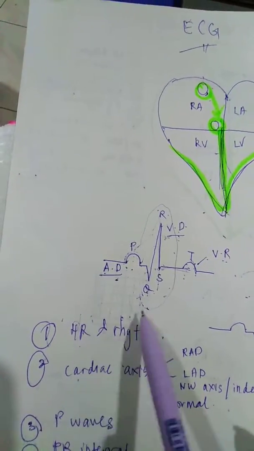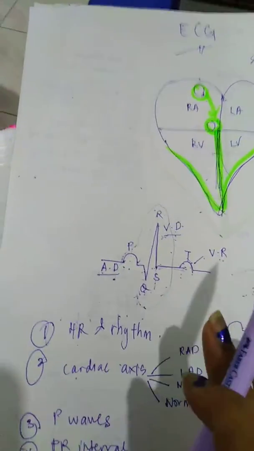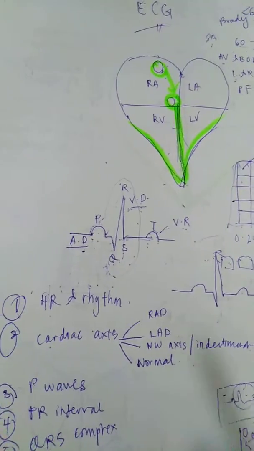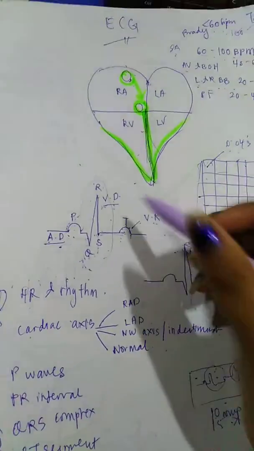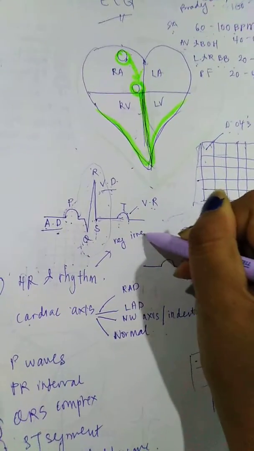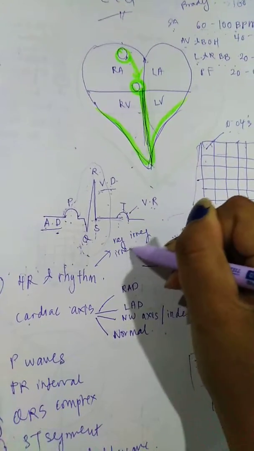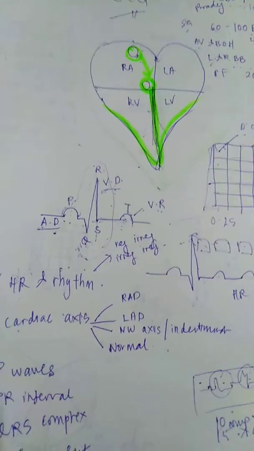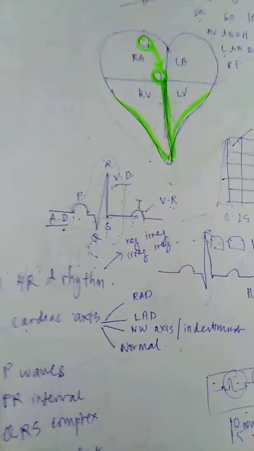I've told you how it looks if it's regular, how it looks if it's irregular. But if you have an irregular rhythm, it can be regularly irregular or irregularly irregular. Okay, don't get confused, because both of them are definitely not the same.